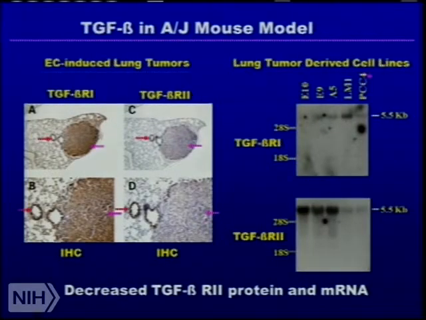So this slide shows this a little better, comparing immunostaining for the type 1 receptor with the type 2 receptor. And one sees very reduced expression of the type 2 receptor in the lung tumor compared to the type 1 receptor. In comparison, staining for the normal bronchiole in both proteins is almost identical.